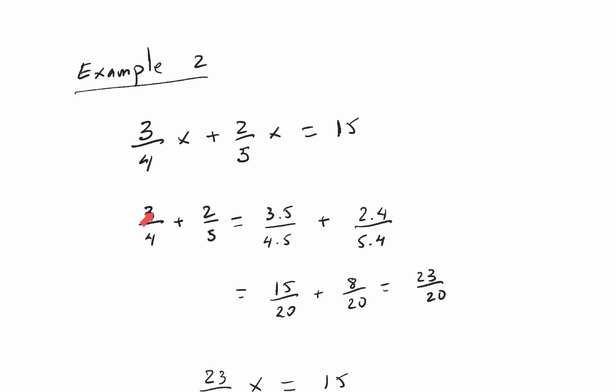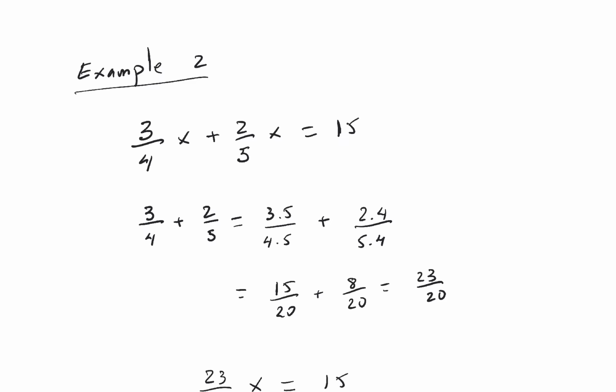If I multiply the 3 by 5 and I divide the 4 by 5, nothing will change. So 3/4 is the same as 3 multiplied by 5 divided by 4 multiplied by 5. Now 2/5: if I multiply the numerator by 4 and the denominator by 4, nothing will change.